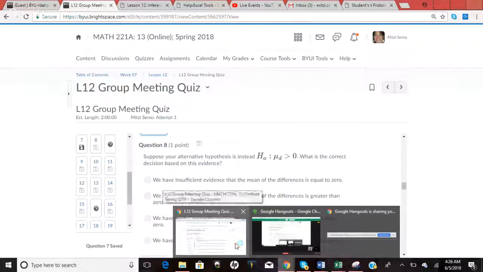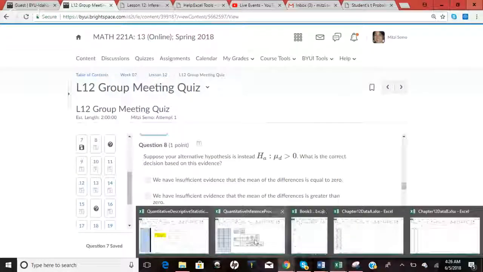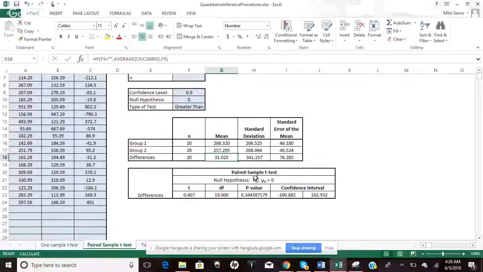The mean differences, let me look at it. Is that greater than zero because it's not equal to zero? Oh, it's greater than. So our p-value is still higher, right? So we fail to reject the null.